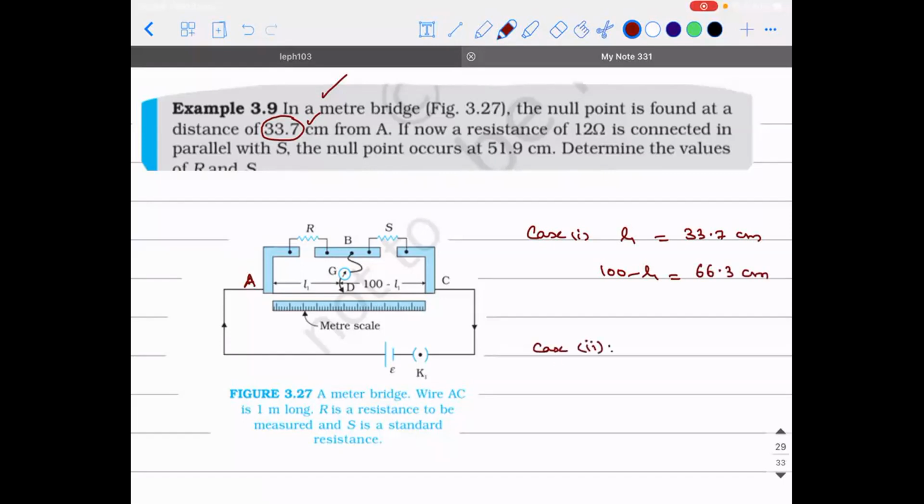Now, what about case 2? If now a resistance of 12 ohm is connected in parallel with S, the null point occurs at 51.9.